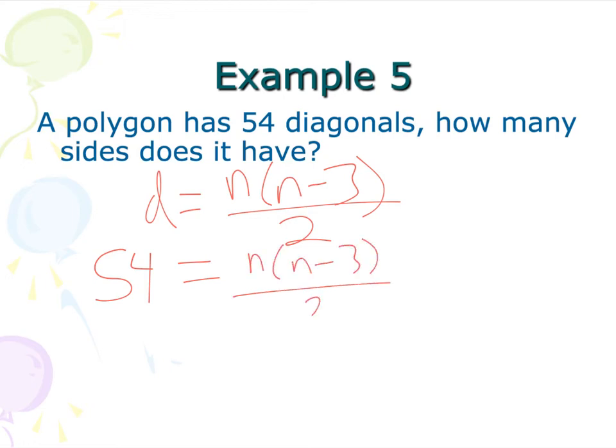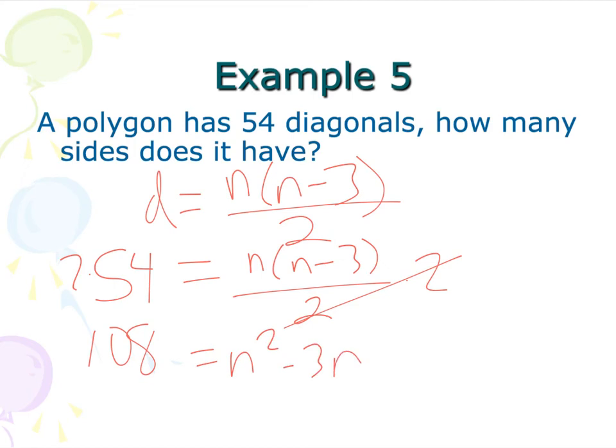How am I going to solve for n? Well, I'm going to start by multiplying by 2. Get rid of this fraction, you know what I'm saying? So it's 108 equals n times n minus 3. So that's what? N squared minus 3n. Oh my goodness, I have a squared term. Factor. My favorite F word, Miss Teeter, is factor.